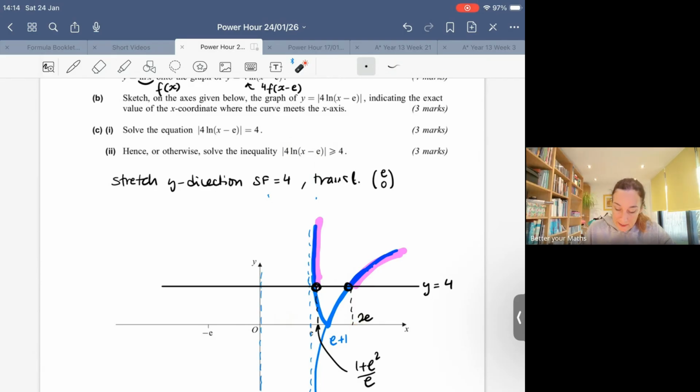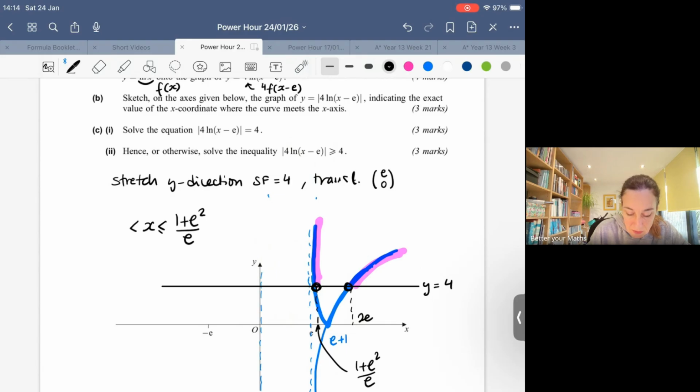Exactly. Because we have an asymptote and we don't have anything there on the left, sometimes you will have to write for this bit here, x must be smaller or equal than 1 plus e squared divided by e, but it could be that you write greater than e.